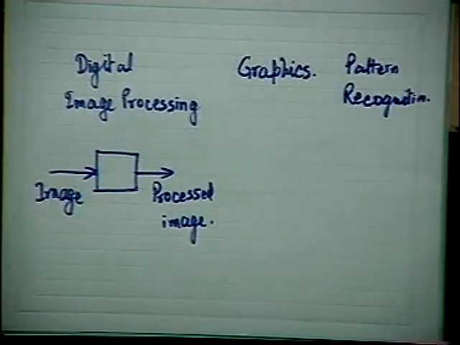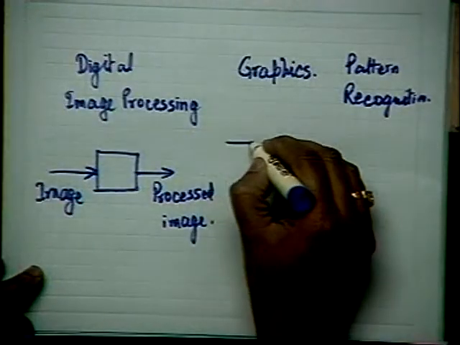In the case of computer graphics, we generate some pictures. We generate some lines, we can do some shadings on the object, and we can do a lot of other things. There, we feed the computer a set of descriptions. We specify the descriptions of the object which we are trying to draw. Then on that object we do some computer processing so that we can represent it pictorially or in a graphical form.